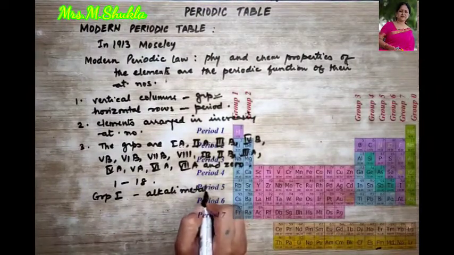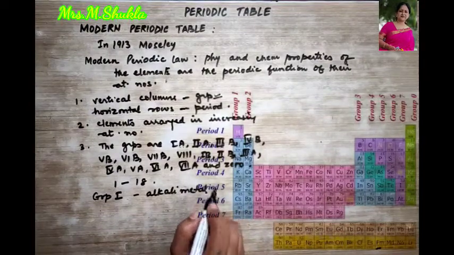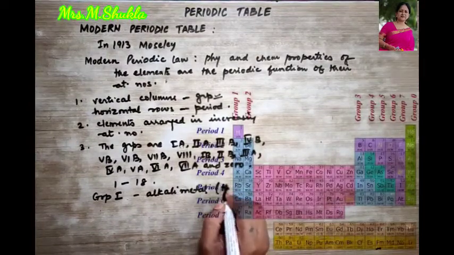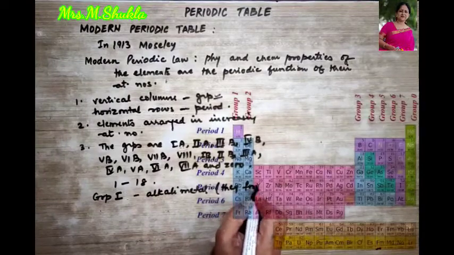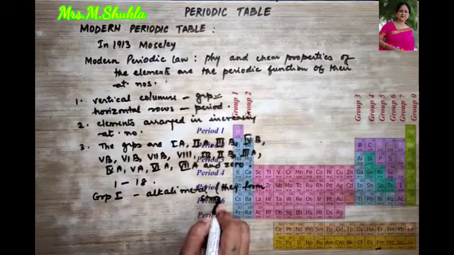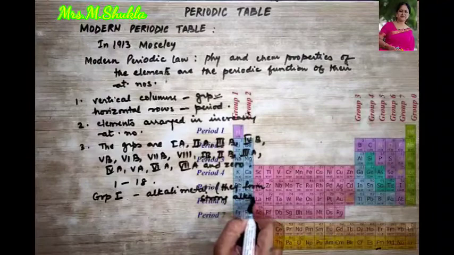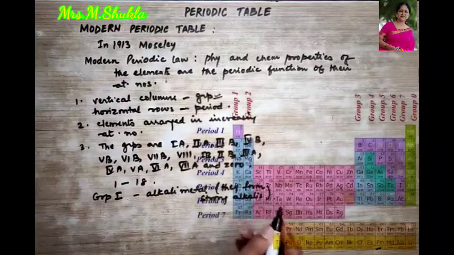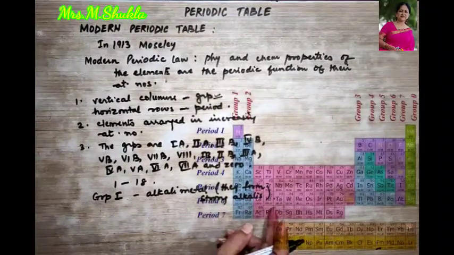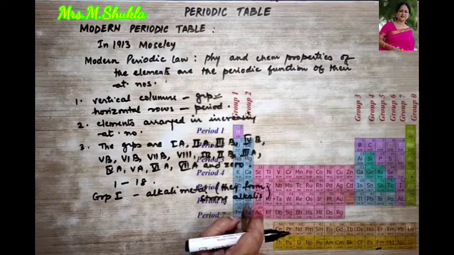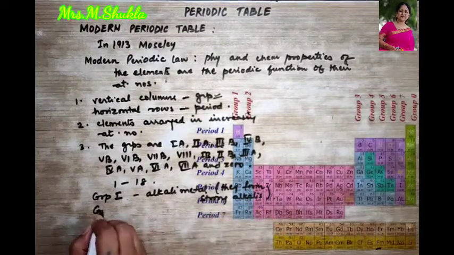Why are they called alkali metals? Because they form strong alkalis. Now what are alkalis? When metallic oxides dissolve in water, they form strong alkalis.